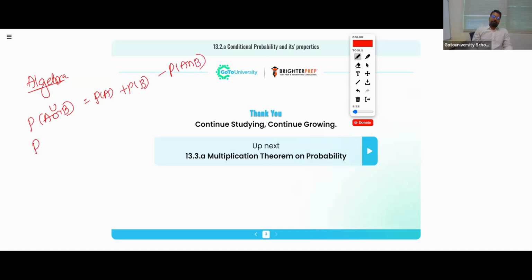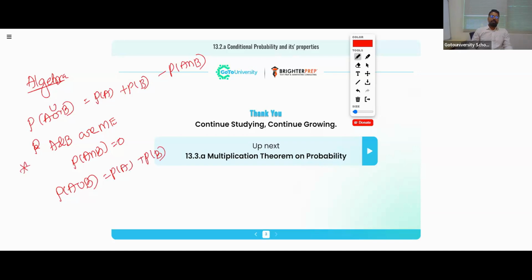Similarly, if A and B are mutually exclusive, then P(A intersection B) will become 0. Then P(A union B) will be directly P(A) plus P(B).